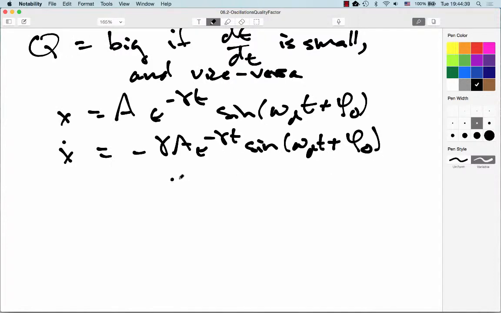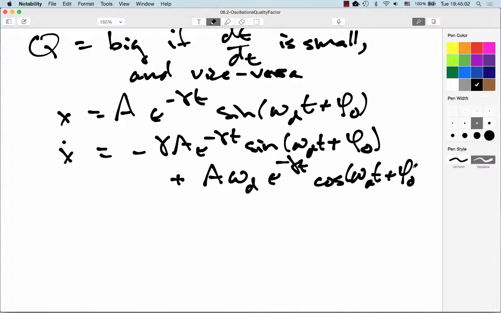So we're going to get plus A, and when we take the derivative of what's inside the sine, we're going to pick up an omega d. So then otherwise we're left with e to the minus gamma t. Derivative of sine is cosine, omega d t plus phi naught.